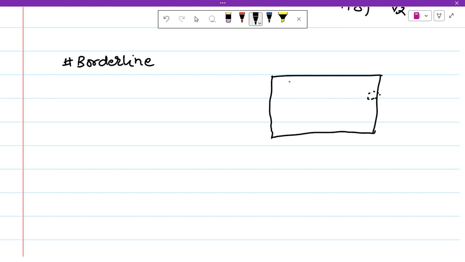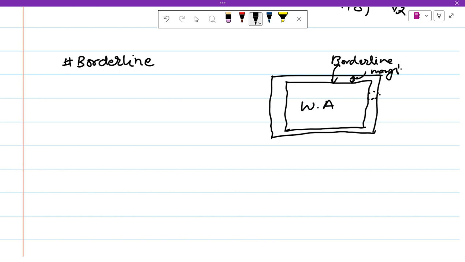We have to take some margin, and we have to set the working area. This is the working area. This is known as borderline, and this gap is known as margin. This is top margin, this is bottom margin, this is right margin, and this is left margin.